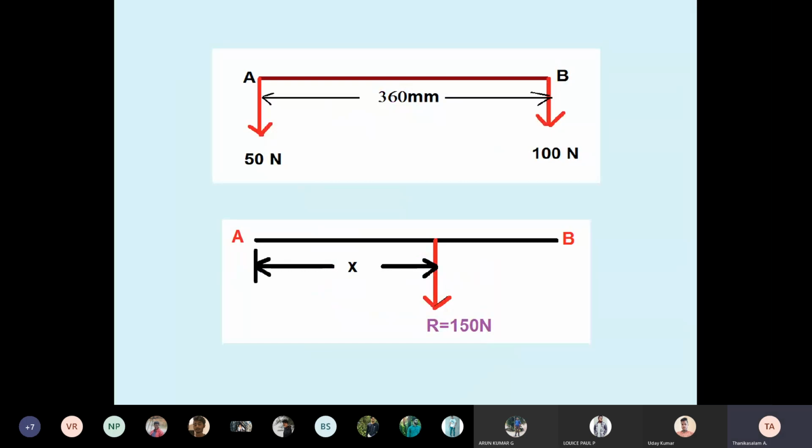Now what does the Varignon theorem state? Uday Kumar, what does the Varignon theorem state?